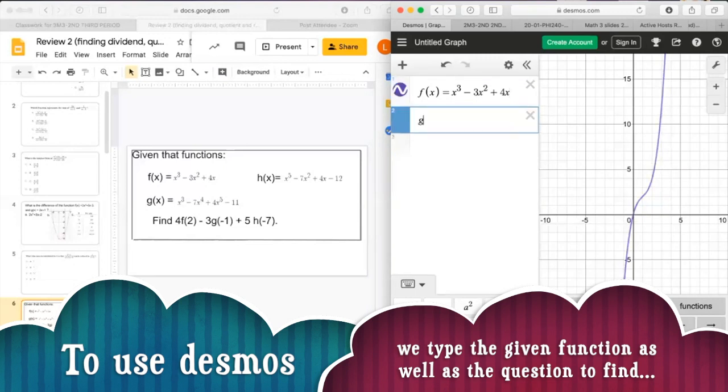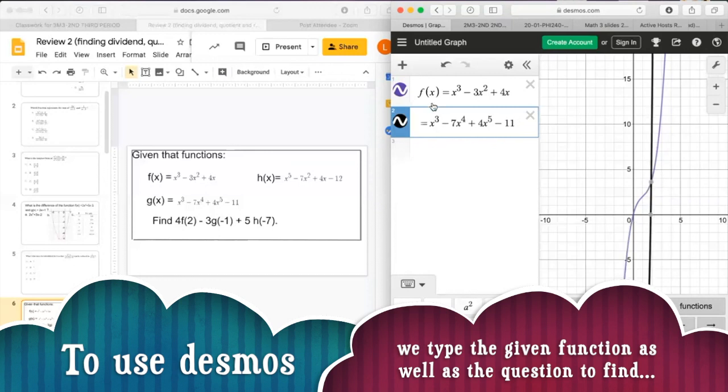The second function is g of x equals x cubed minus 7x to the fourth power plus 4x to the fifth power minus 11.